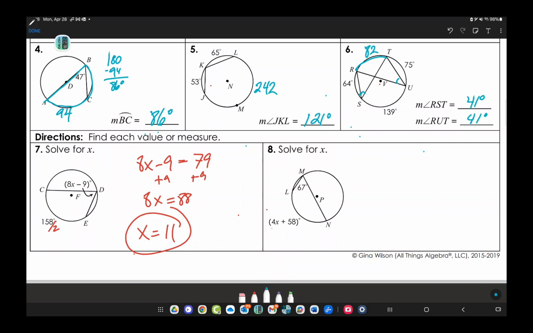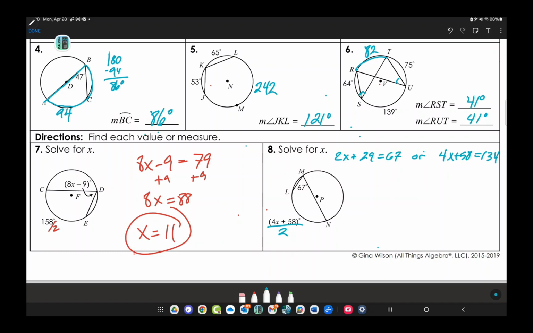Since both these parts are even, we can divide by 2. So we can either say that 2x plus 29 is equal to 67, or we could double the angle: 4x plus 58 is equal to 134. It doesn't really matter, it just depends on how you want to do it. Both are fine.